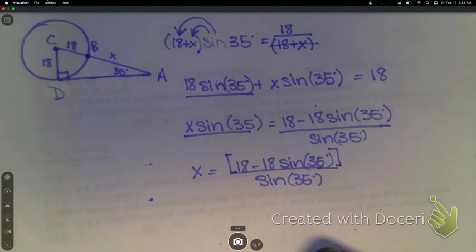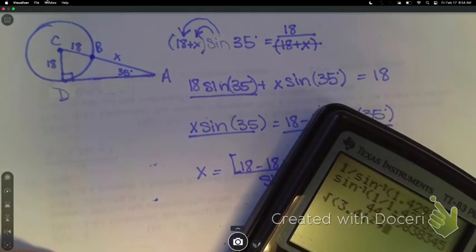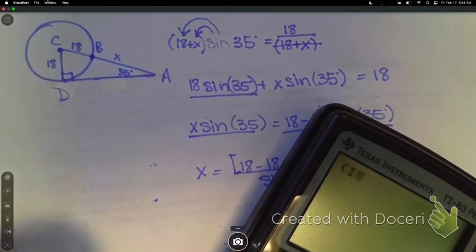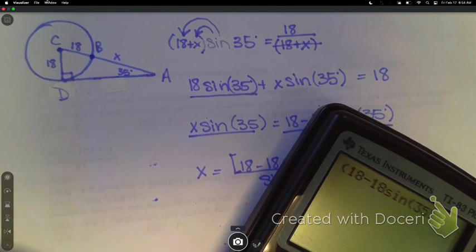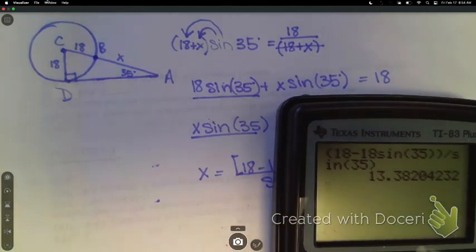So I want everybody to put this in their calculator: parenthesis, 18 minus 18 sine of 35, close parenthesis, divided by sine of 35.